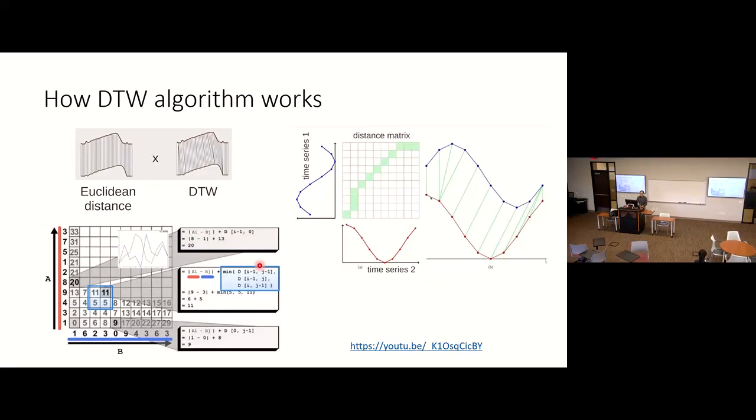Within this algorithm, we compute the pairwise distance between sequences A and B. These two sequences have different lengths, okay? Then we compute the distance and try to find a path which allows them to align, and this is the way to compute.